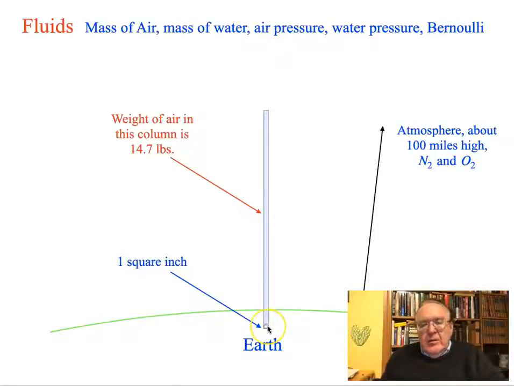So at the surface of the Earth, so-called atmospheric pressure is 14.7 pounds per square inch. That's it. And it has entirely to do with the mass of air and the gravitational attraction. In other words, mg, the gravitational attraction of a mass to the Earth at the Earth's surface. All right, so that's where atmospheric pressure comes from. It comes from the gravitational weight of the air above you.